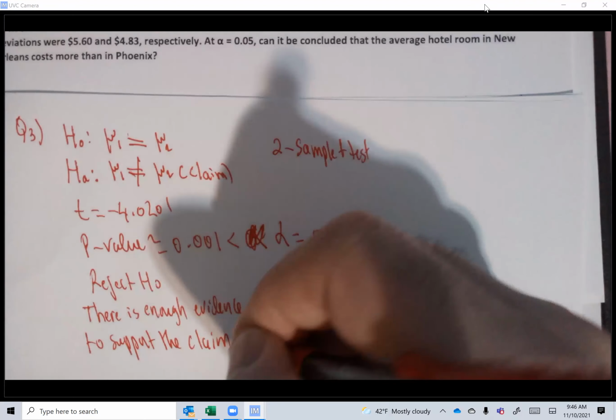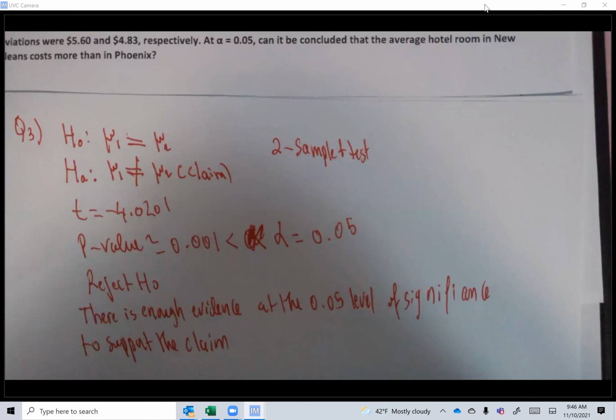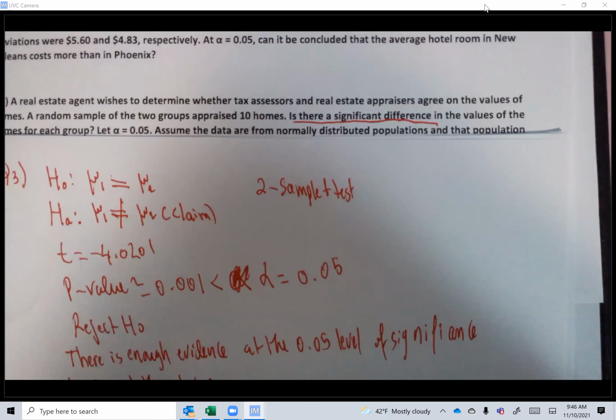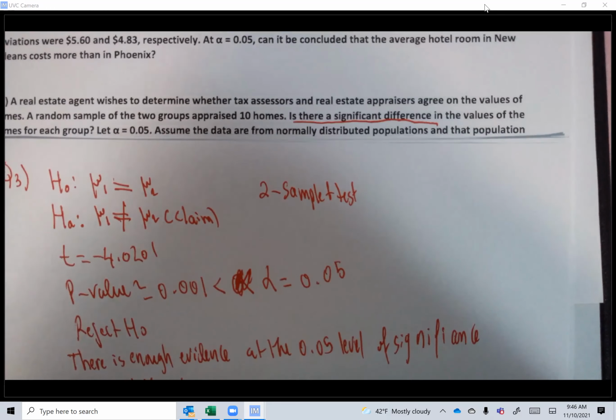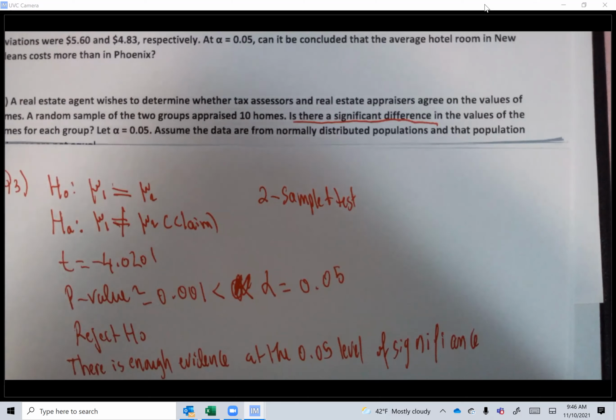As I told you, tax assessors usually try to give a different value from the real estate because they want to charge more taxes, to support the claim that there is a significant difference.